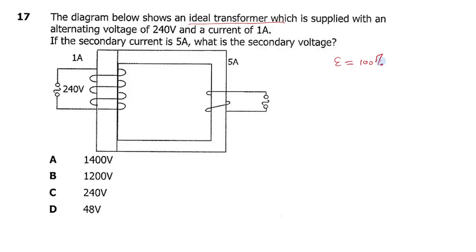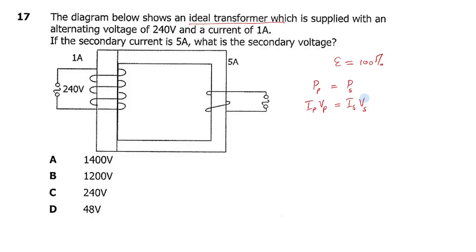Whenever the efficiency is 100%, it means that power in the primary coil is equal to power in the secondary coil. Power is given by current in the primary times voltage in the primary, which is equal to current in the secondary times voltage in the secondary.